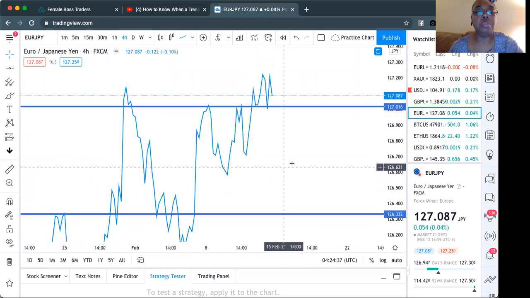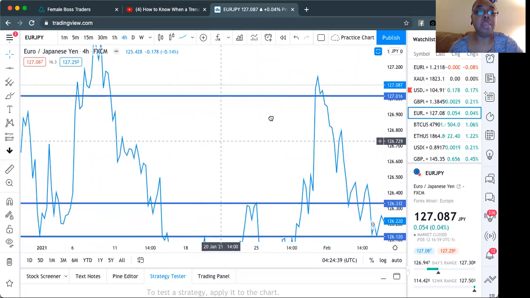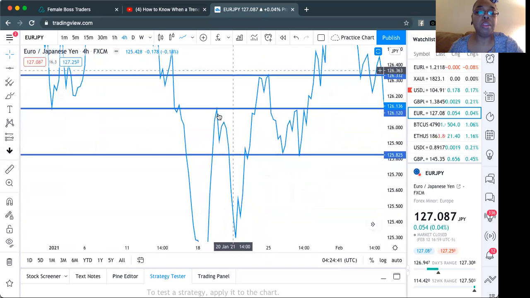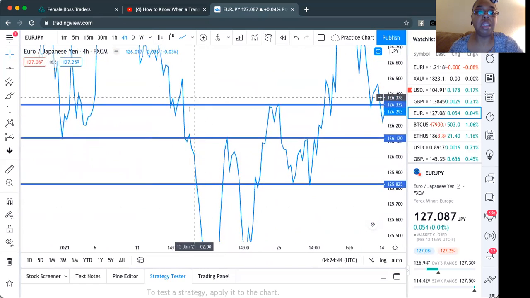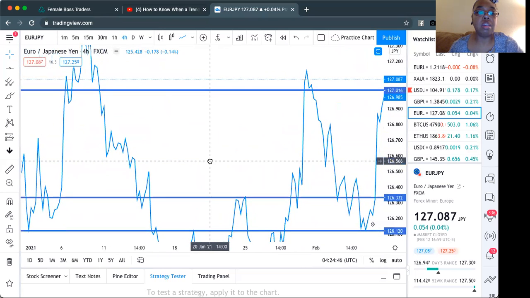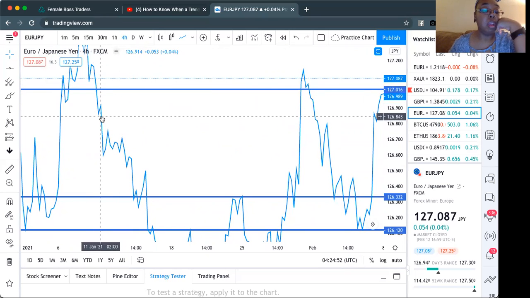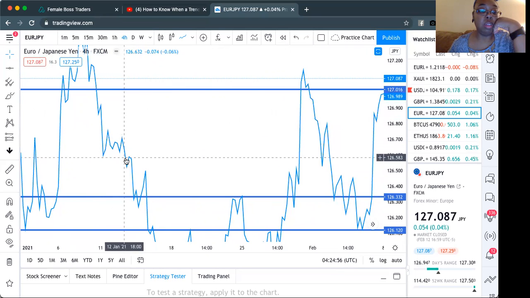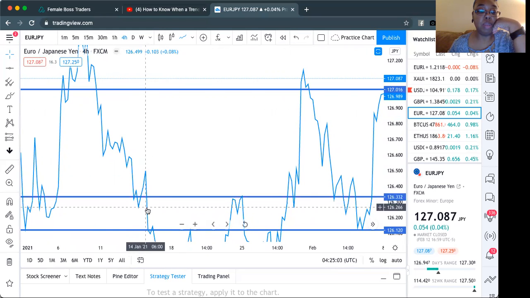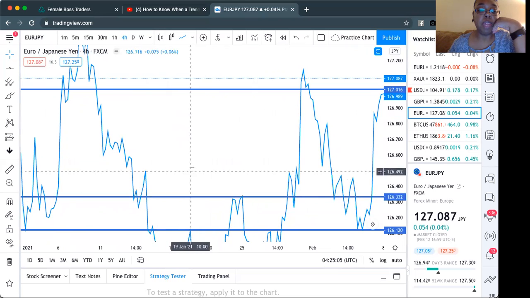So I do my support and resistance like that, and keep in mind, guys, like right here, this is resistance. Once it has broken the resistance and dropped down, then where this is support, when it dropped down some more, this support became resistance.